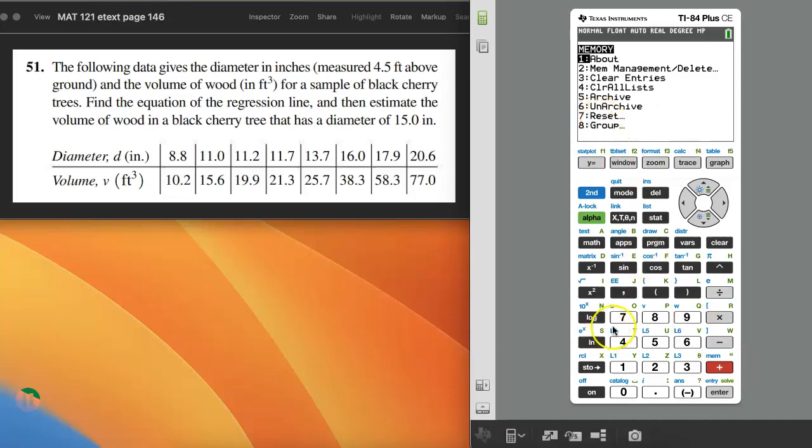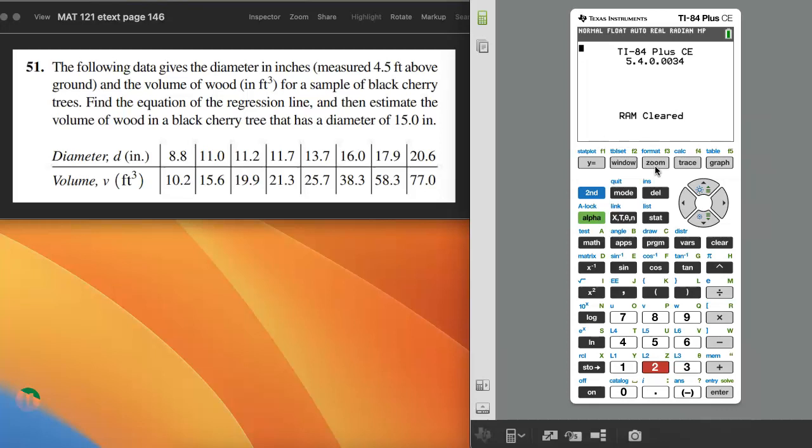Number 7 is reset. Number 1 is reset all. And then number 2 is again reset. And you should see this message on your calculator screen. It just clears out any old data, any old window settings, and things of that nature. Again, not the only way, but it's kind of a one-stop shop.